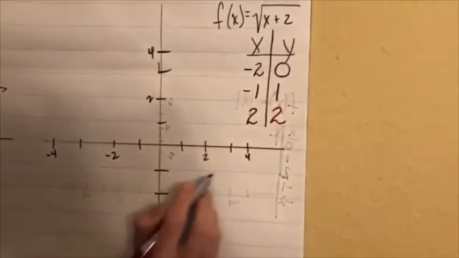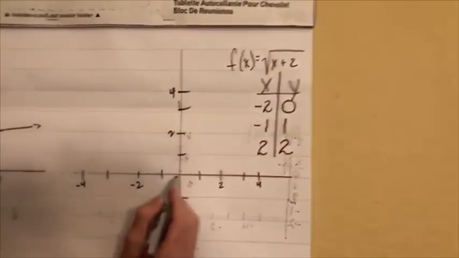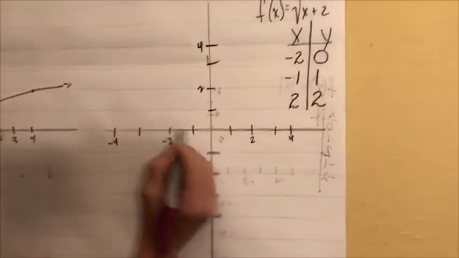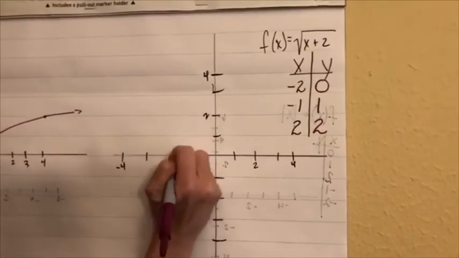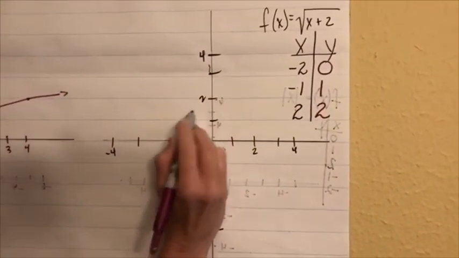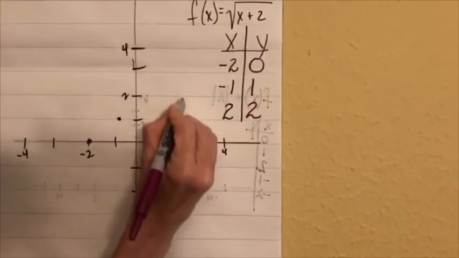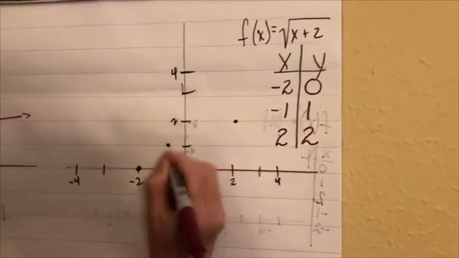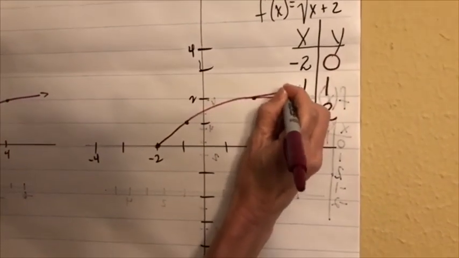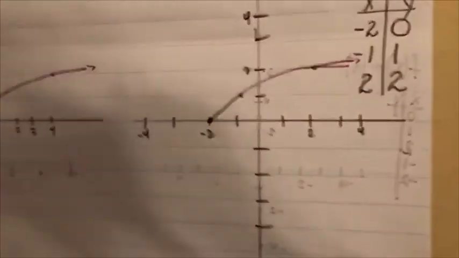Okay, and my graph is going to run into this chart, but that's okay. So when x is -2, you can see that we're shifting to the left here. When x is -2, y is 0. When x is -1, y is 1. When x is 2, y is 2. So you get the same look, but it's shifted on the x-axis to the left. Okay?